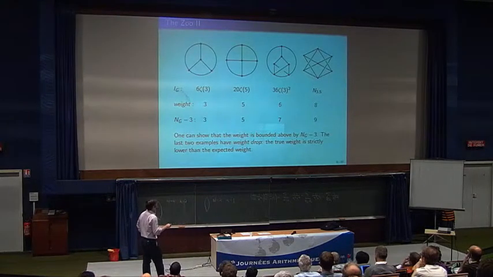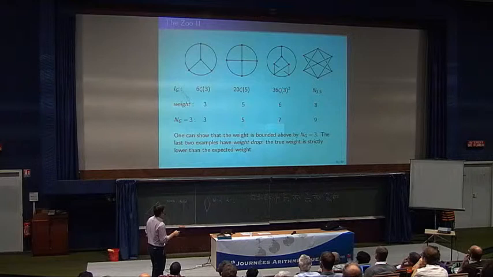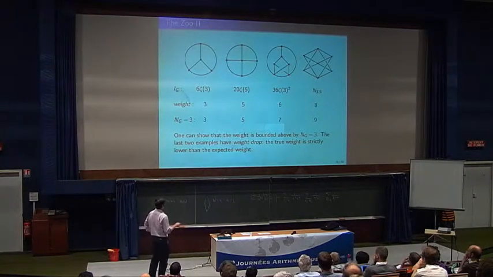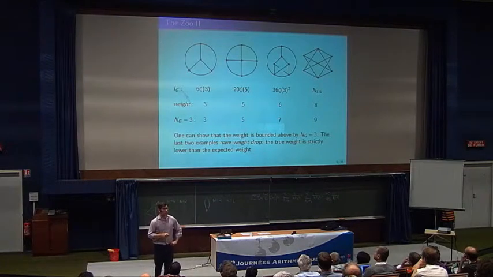And we find that in this case, the true weight of the amplitude is exactly 1 less than the expected weight. And same in this example. So we call this phenomenon weight drop, when the amplitudes have weight less than the expected weight.